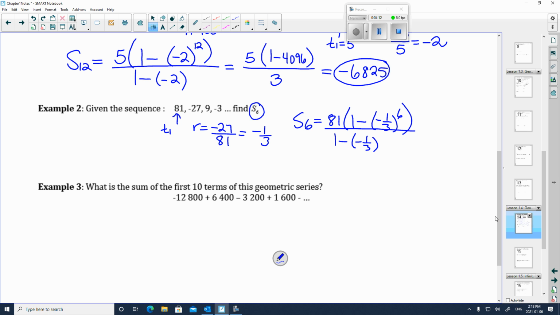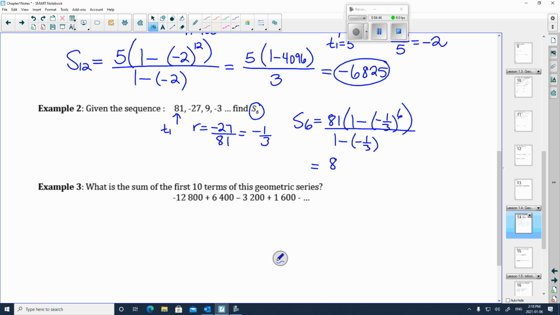Now watch when you're putting a power to an even, if you type it into your calculator wrong, you'll get the wrong answer. So my advice to you is to use your common sense. If you have a negative to an even power like you do here, you should get a positive. So you may want to do it on your calculator first, using the fraction key, or you can just do 3 to the power 6 and put a 1 over it, because you know that 1 to the power 6 is 1.